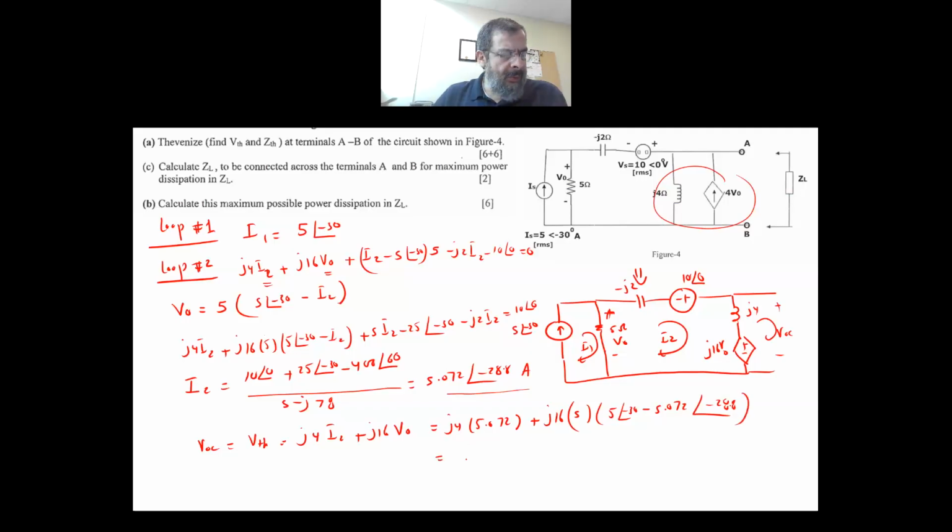For this, you will find that your V open circuit is equal to 16.69 angle of 31.14. Okay, so this is how we solve for your V open circuit or V Thevenin.